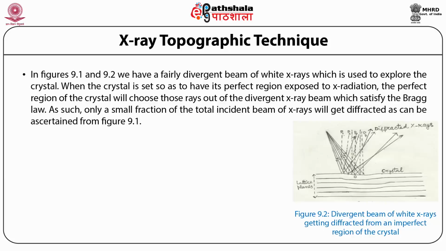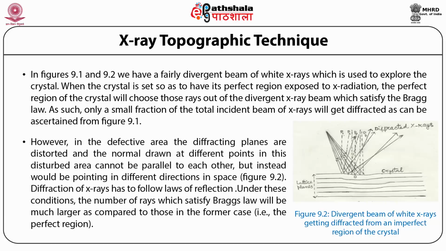As such, only a small fraction of the total incident beam of X-rays will get diffracted, as can be ascertained from figure 9.1. However, in the defective area, the diffracting planes are distorted, and the normals drawn at different points in this disturbed area cannot be parallel to each other, but instead would be pointing in different directions in space, as is shown in figure 9.2.